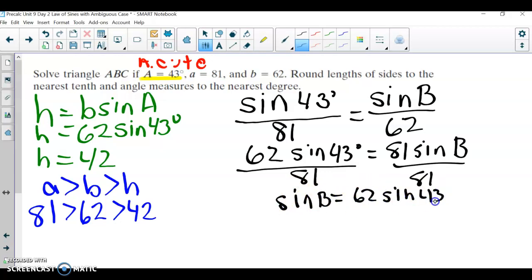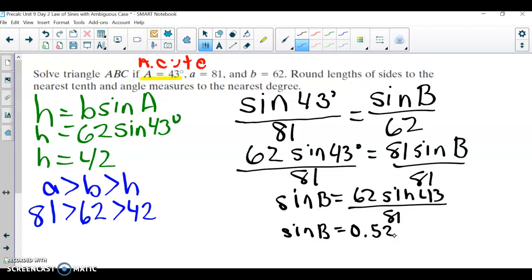We go again into decimals. Make sure you use degrees right here. Just plug it in exactly like that, because if not, we're going to get different weird answers. And so if I do this, I have sine of B is equal to about 0.52.